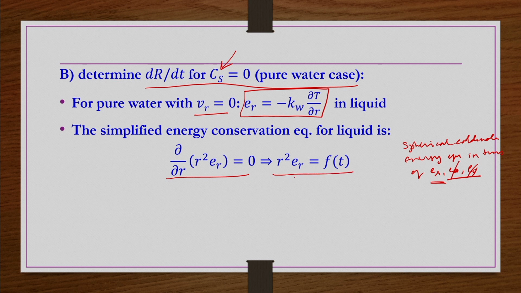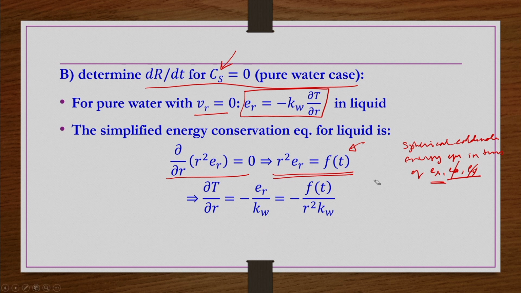Now if you integrate, r squared Er equals a constant, but that constant is a function of time. It is a constant with respect to r, or with respect to space, but with respect to time it is some unknown function f of t. Let us not worry about what it is.